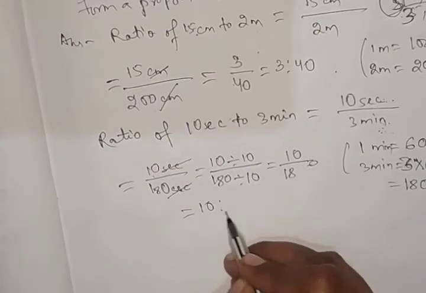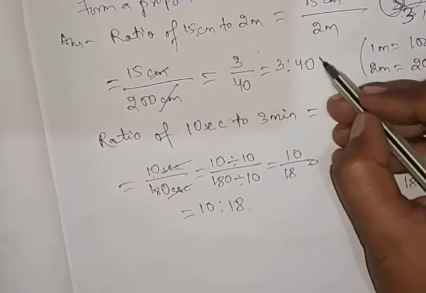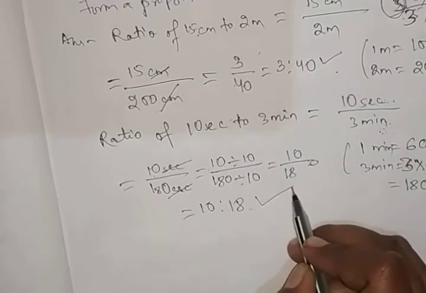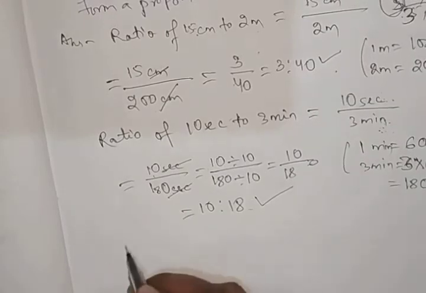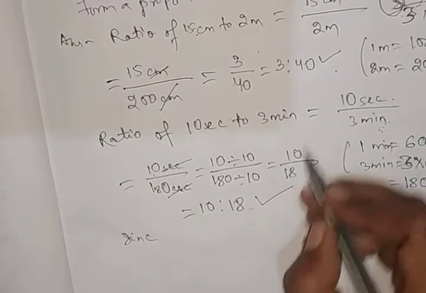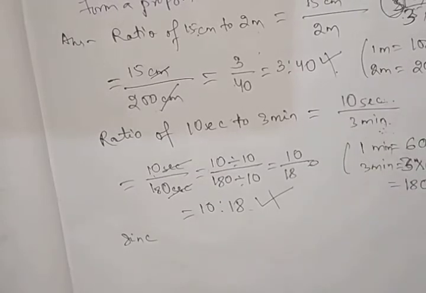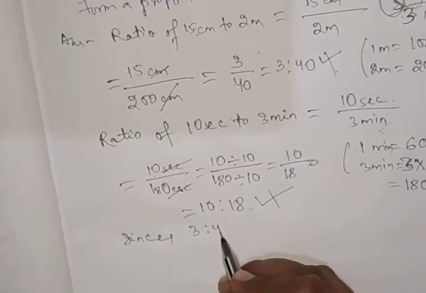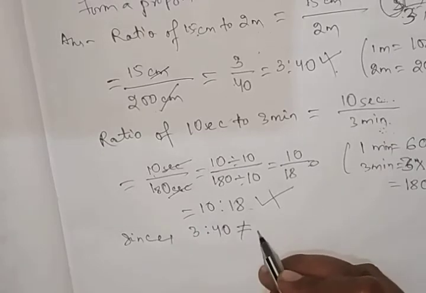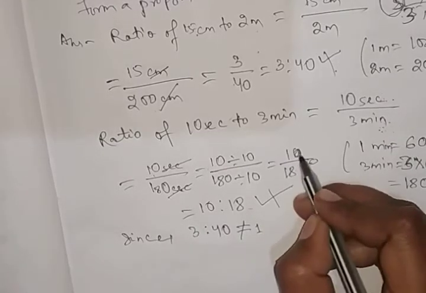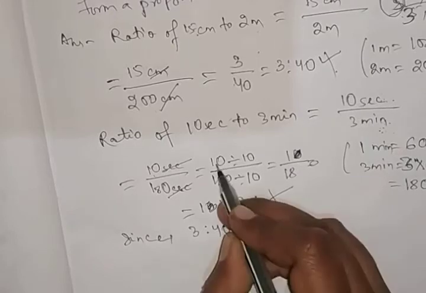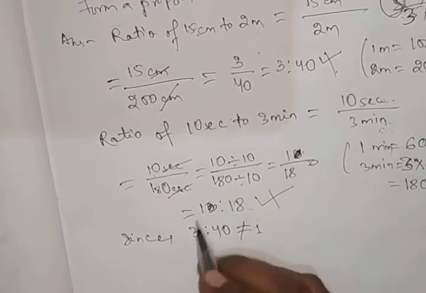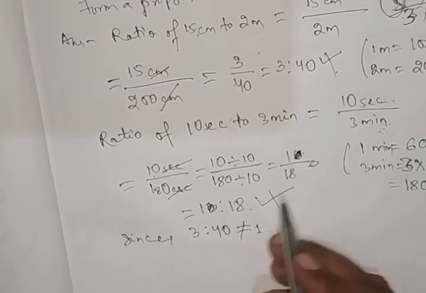So look here, 3 is to 40 and 1 is to 18, which means the ratios are not equal. 10 divided by 10 equals 1, so it is 1 is to 18.